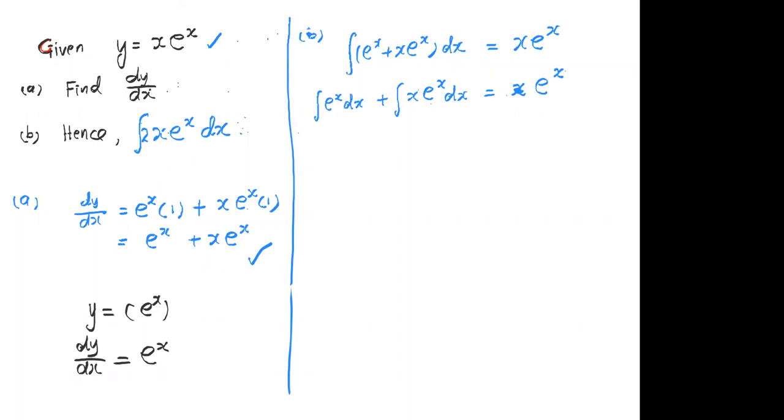Am I right? Okay. So now the result of this integral is e to the power x plus the integral of x e to the power x dx, which is equal to x e to the power x. Right?